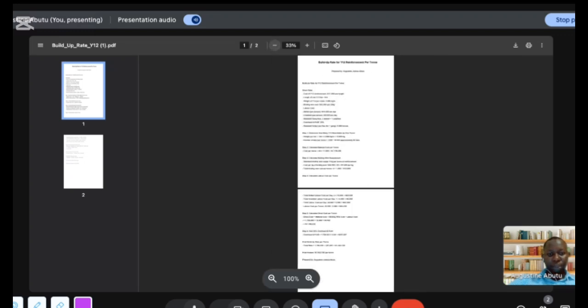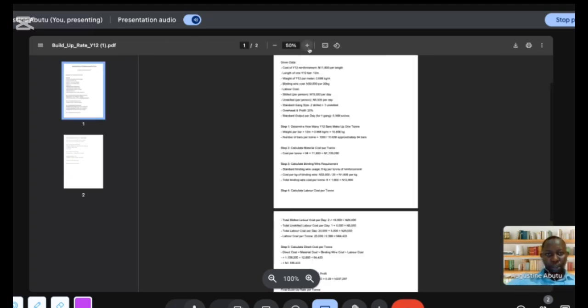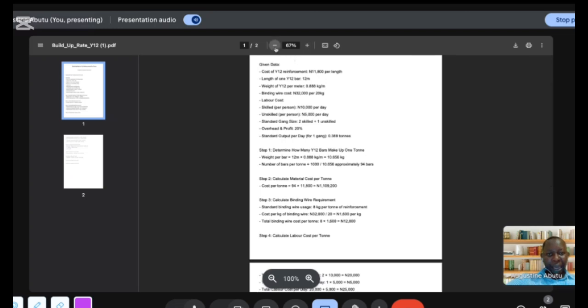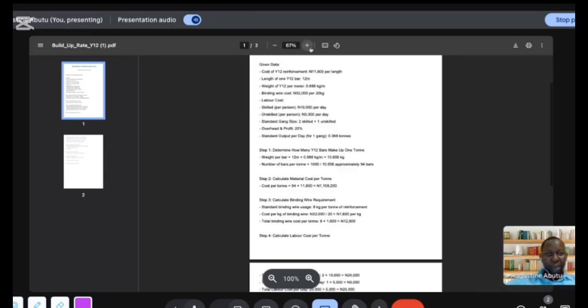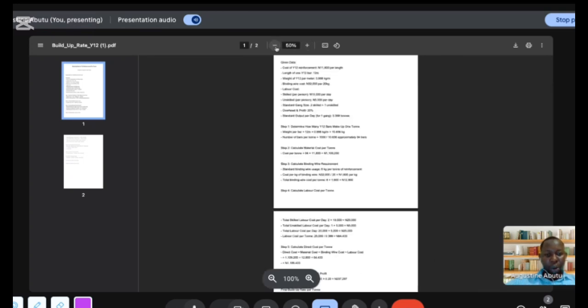So we move further to our binding wire. Due to experience, the usage of a binding wire to a ton is 8 kg of binding wire. So it means that 8 kg of binding wire is required for 1 ton. We are still talking about materials. We're still building up rate for materials.